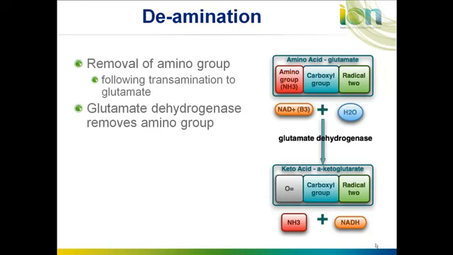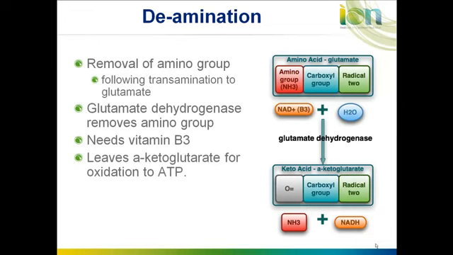And then glutamic acid or glutamate uses vitamin B3 and the enzyme glutamate dehydrogenase, and the amino group is removed from glutamate and converts back to alpha-ketoglutarate, which is then free to receive the amino group from another amino acid. And this process produces the toxic product ammonia, NH3, which is why this is not the cleanest of metabolic processes.